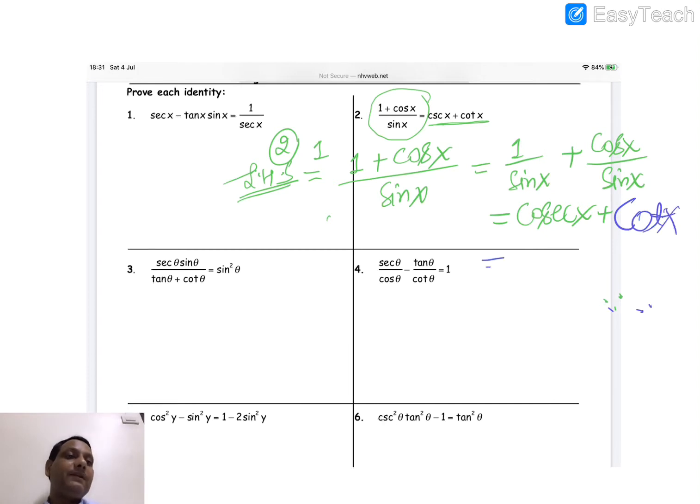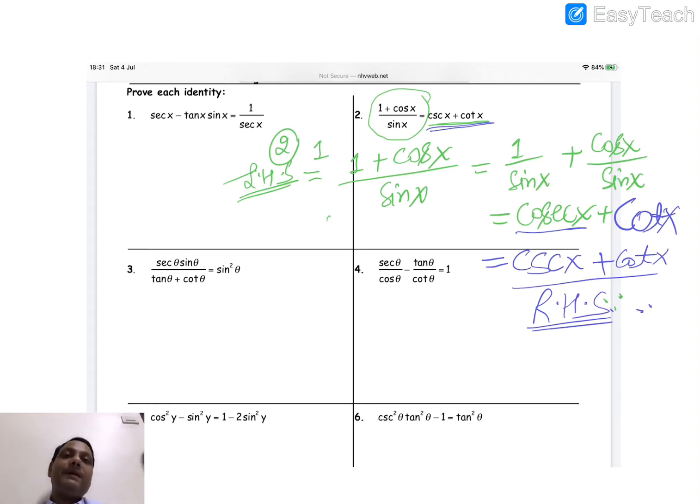So practically you are going to get finally what we have on the right hand side: cosec x plus cot x. Alright, so this is the meaning of the question, and you already got your right hand side.